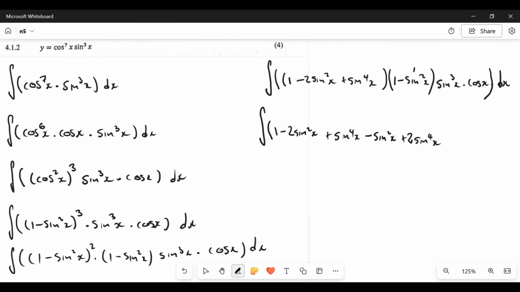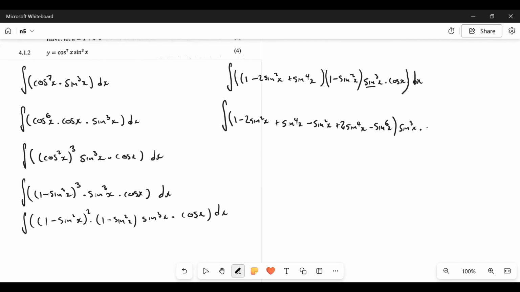And then if you multiply the very same negative sine squared x with positive sine to the power of 4, this is going to give us negative sine to the power of 6x, close bracket. Let us not forget we still have sine to the power of 3 and also cos x there. So let's write them. Sine to the power of 3x multiplied by cos x, close bracket, multiplied by dx.